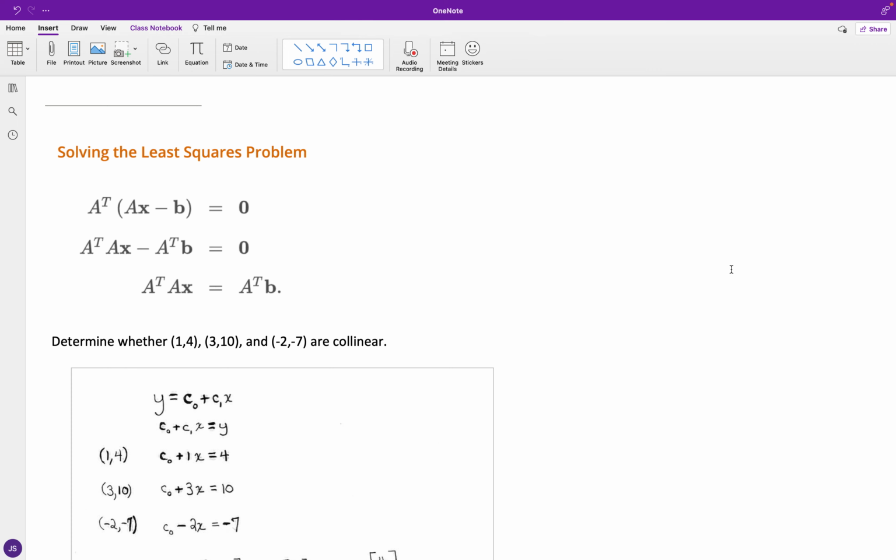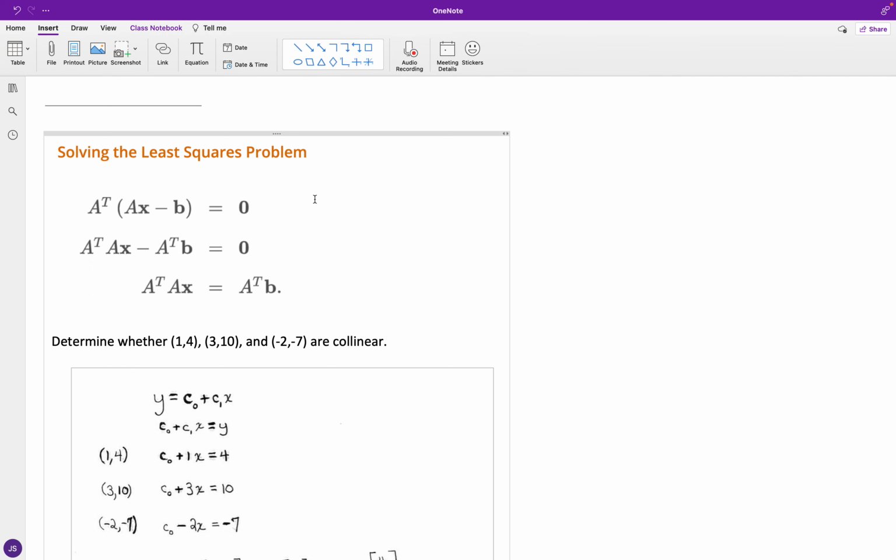And for the least squares problem, you have a matrix A, and that's going to be the coefficient matrix. And from earlier, and we'll get back to this, B was a matrix that consisted of the y coordinates, and X was the matrix that consisted of the coefficients. And we have in the problem that the transpose of A times the difference between AX and B is equal to 0.